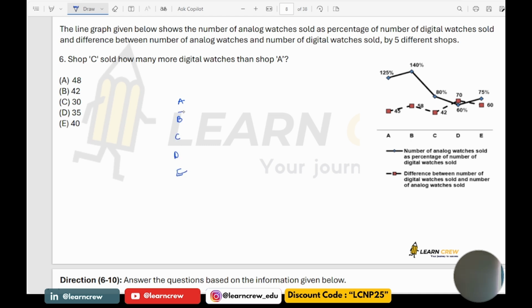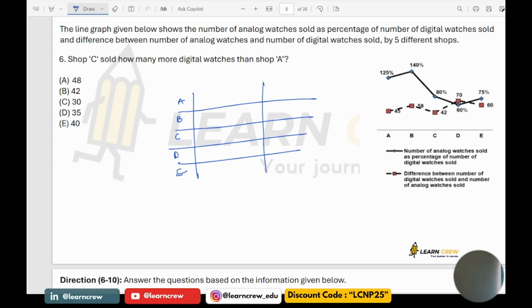So let us take the number of digital watches and the number of analog watches. Digital and analog. The difference is 225. And it is given the ratio of analog to digital is 5 is to 4, one part is 45, thereby this is 225, this is 180.